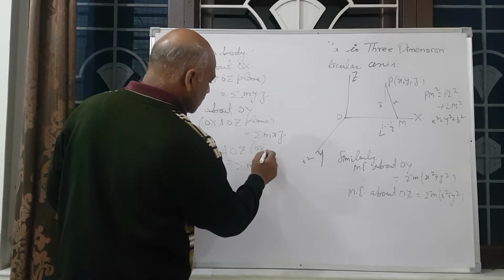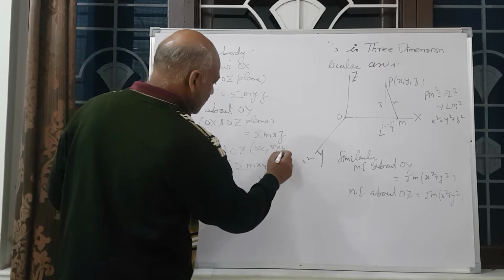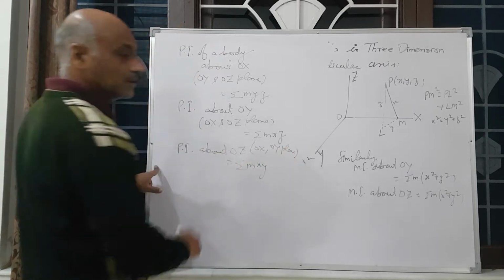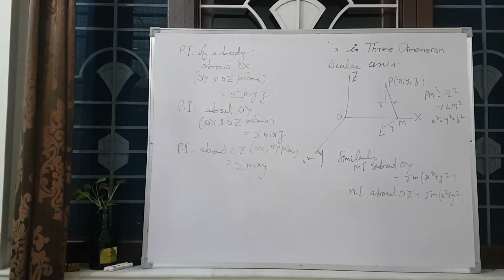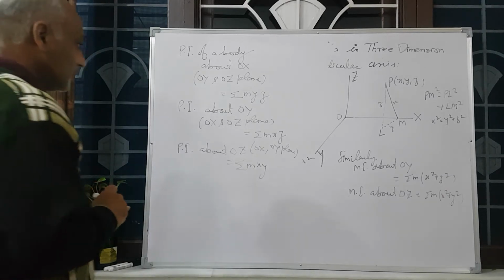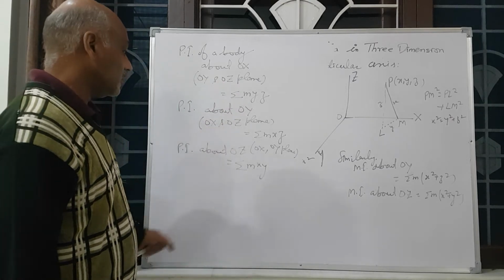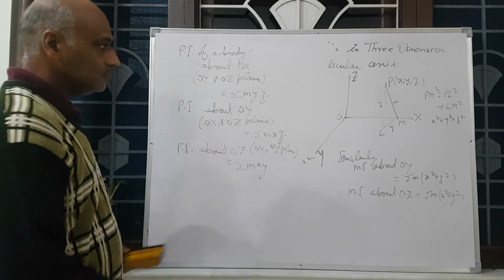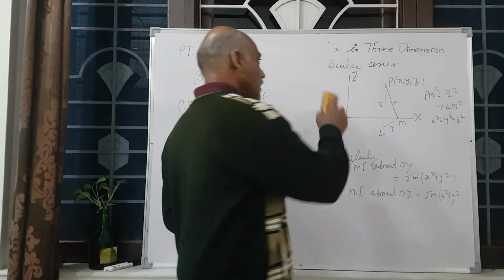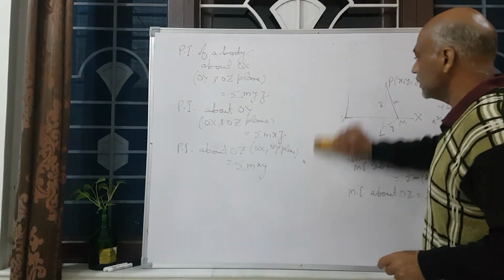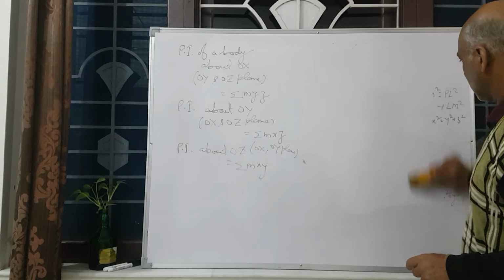So these are the products of inertia about OX, OY, OZ, or the OY OZ plane, OX OZ plane, and OX OY plane. So these are the moment of inertia and product of inertia in three-dimensional coordinates.